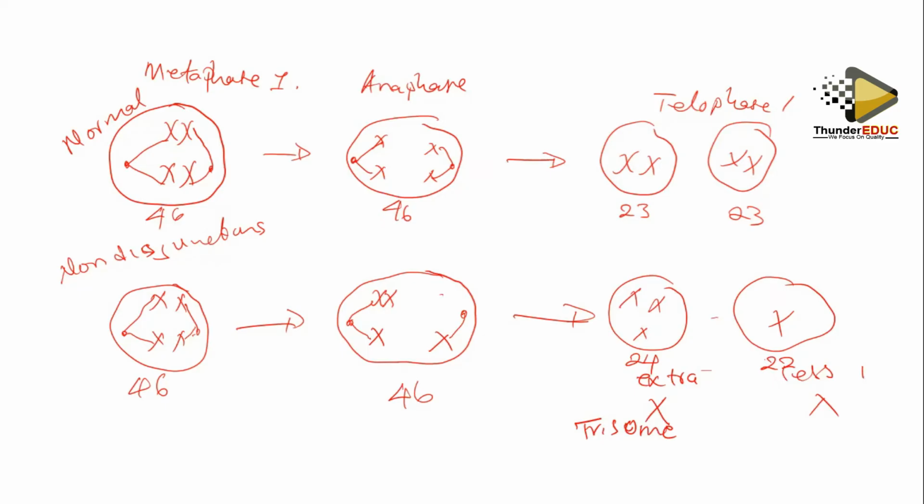Then here, because it is 1, it is going to be mono, so we call it monosomy. If this non-disjunction occurs on chromosome number 21, then we're going to call it trisomy 21. Now, what happens?